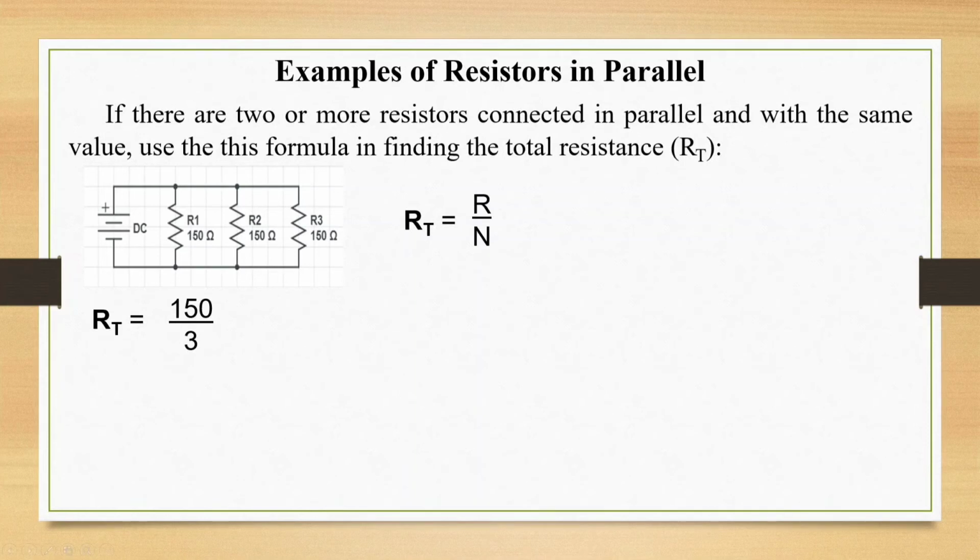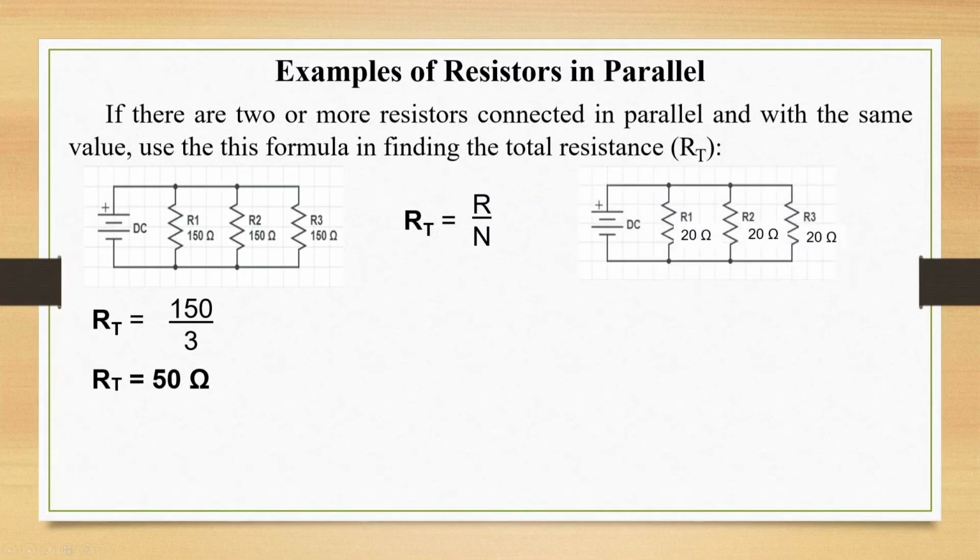R is 150, the resistance of each resistor, then over N. The N is the total number of resistors connected in parallel. So there are 3 resistors. So divide by 3. Then 150 divided by 3 is equal to 50 ohms. The total resistance is equal to 50 ohms.